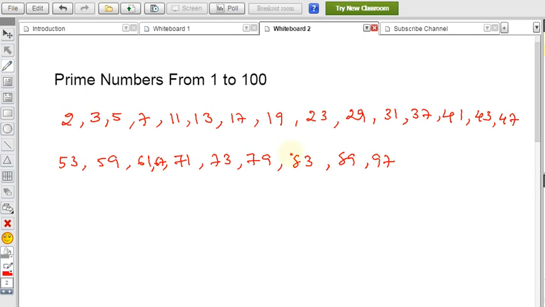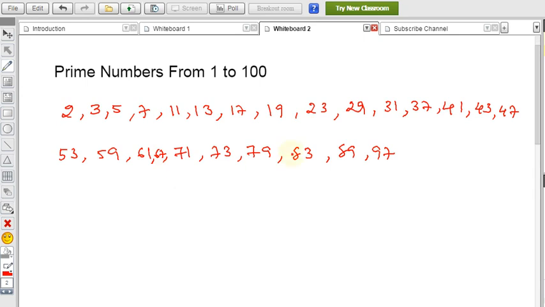Now based on this we can order the primes from 1 to 100. The prime numbers from 1 to 100 are 25, because the total is 25. From 1 to 50 the prime numbers are 15, then 51 to 100 is 10. So you can make the data like this.